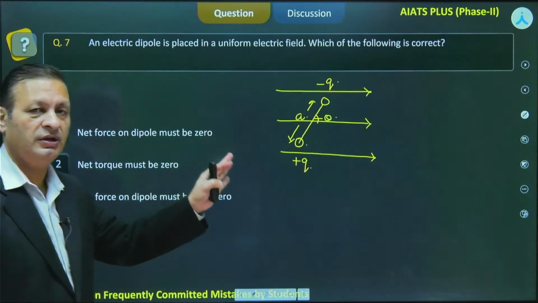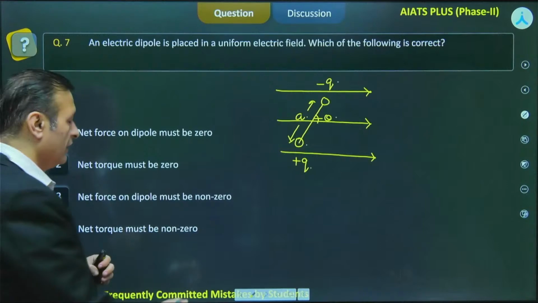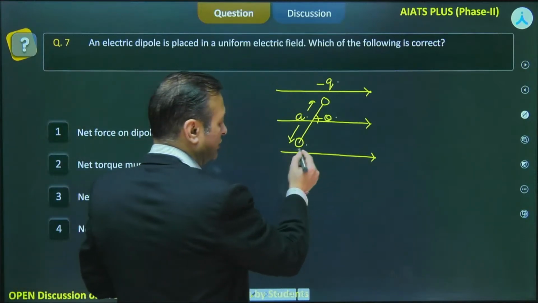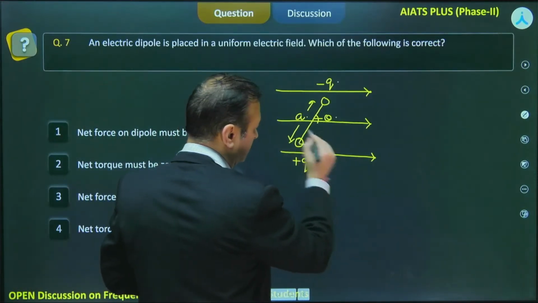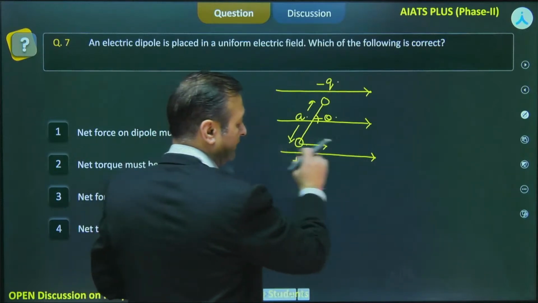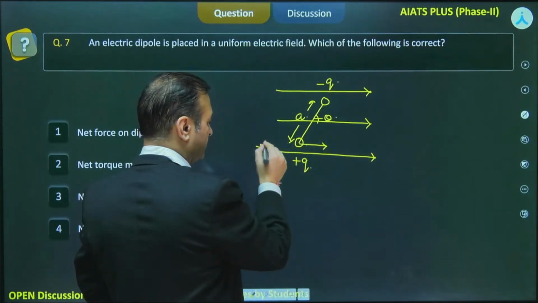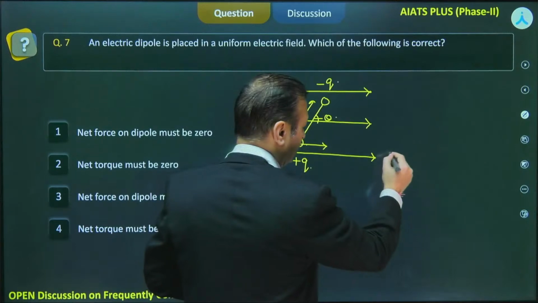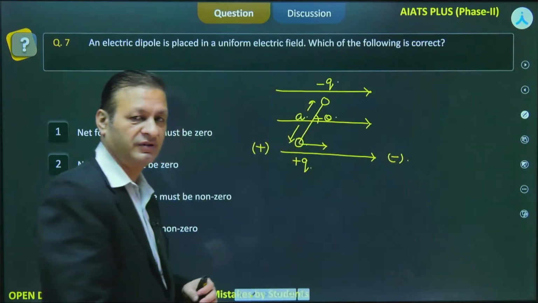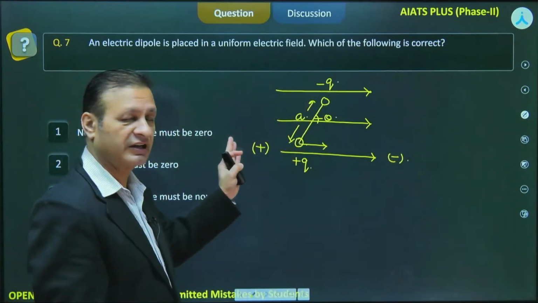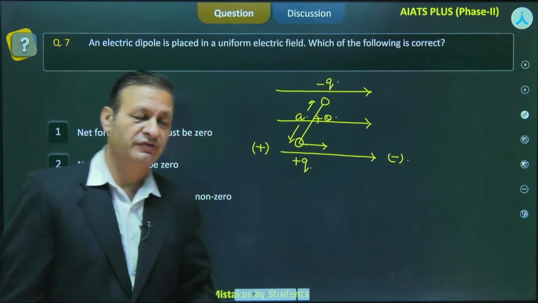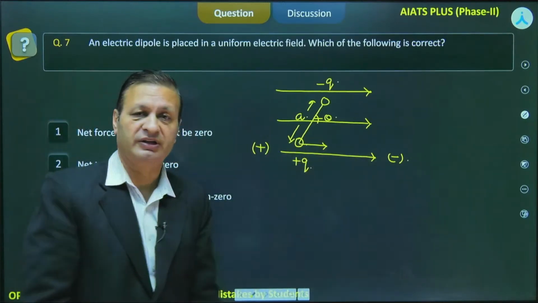So what is the situation? Now, the positive charge will experience a force in this direction, because the electric field is directed this way. Electric field is always directed outward from the positive charge and radially inward at the negative charge.